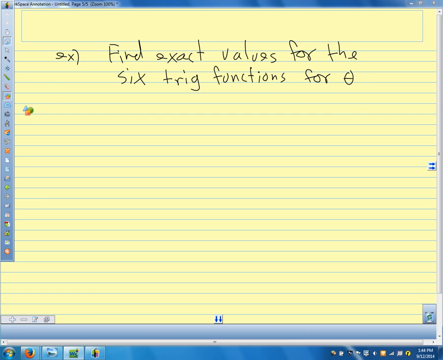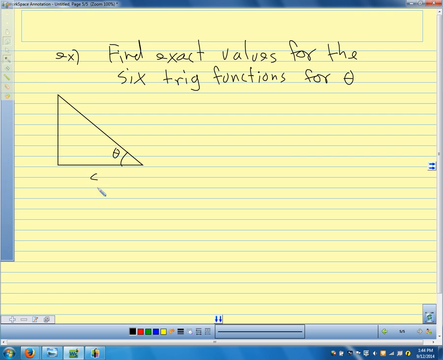And we have a triangle here. So here's theta. We're going to say this side is 8 and this side is 15. Exact value means we are not using our calculator. We're writing these as fractions or something like that. So we want our exact values.